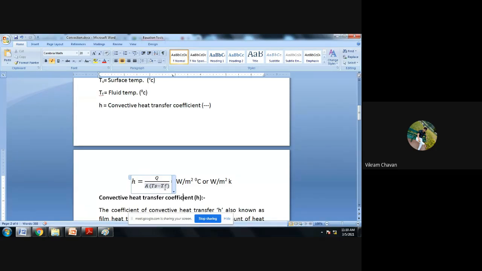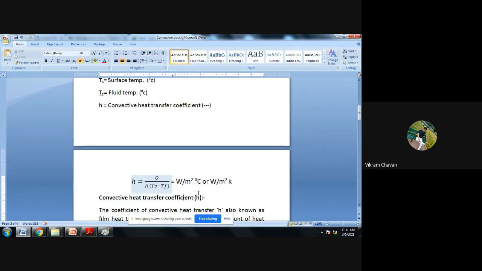For that reason you can take either unit for h, watt per meter square degree Celsius or watt per meter square degree Kelvin. Any of the units is suitable for the convective heat transfer coefficient.